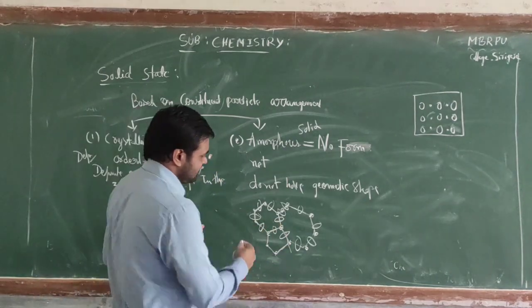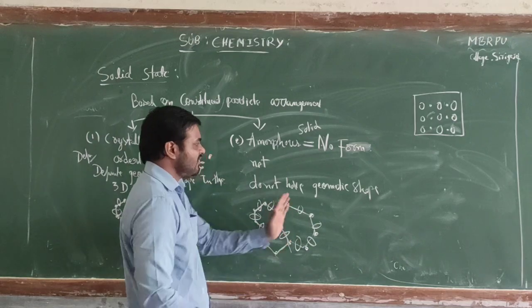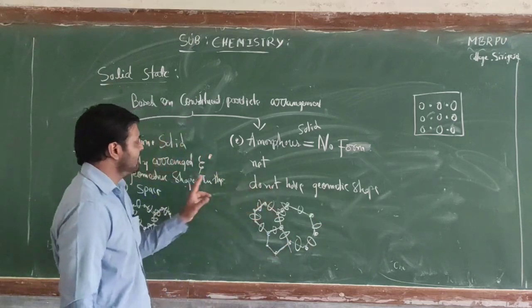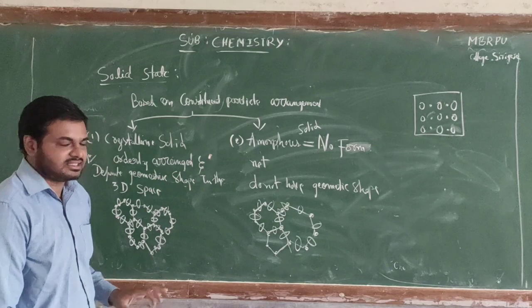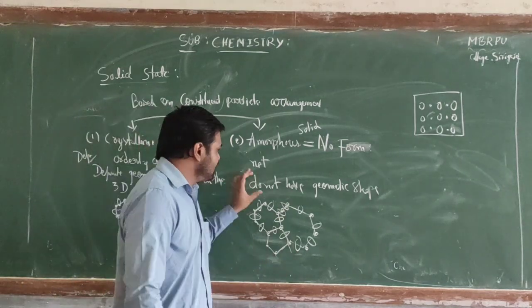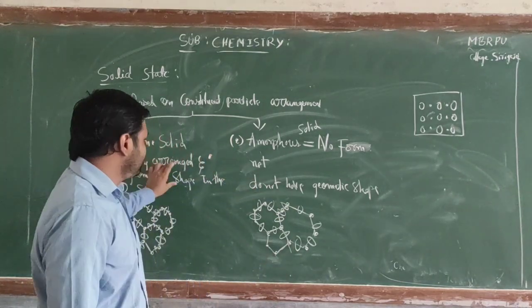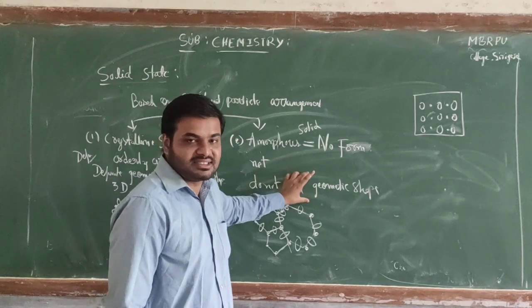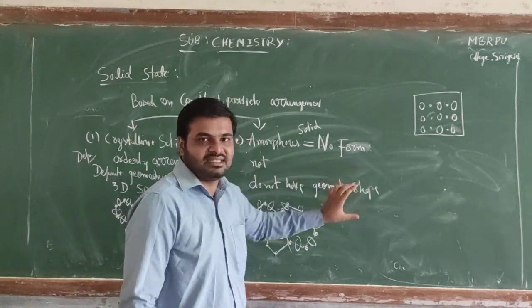This is some irregular shape, not a geometrical shape. This is the amorphous and crystalline. Very simple definition. This has a definite geometrical shape. This doesn't have any geometrical shape.